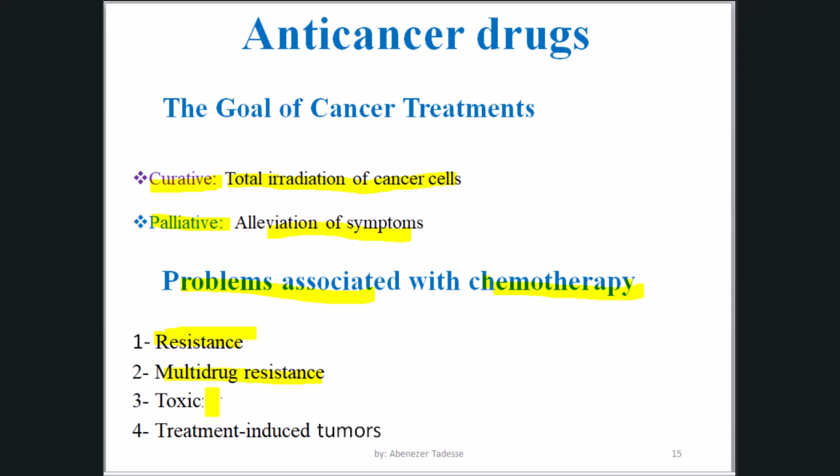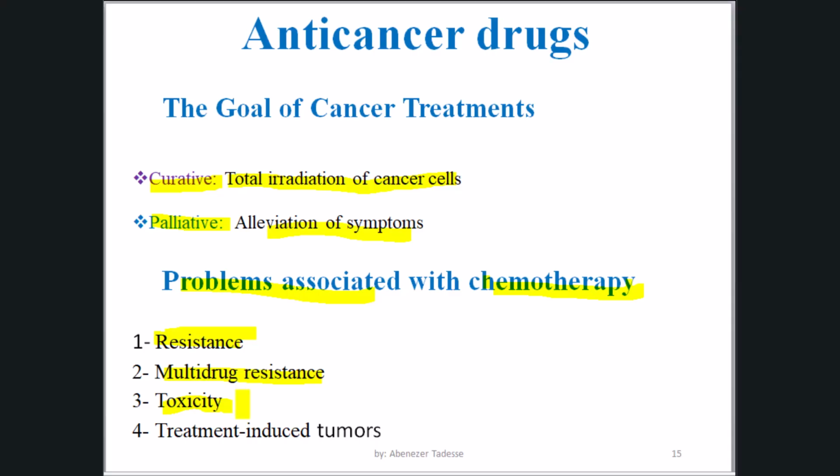The other one is toxicity, which is a major challenge, because selective toxicity to the cancer cell is very difficult to achieve. Normally the chemotherapeutic agents can affect both the host as well as the cancer.